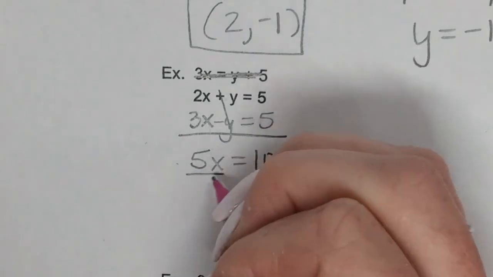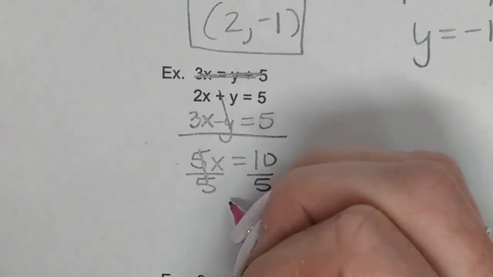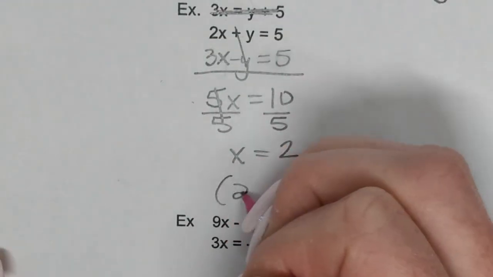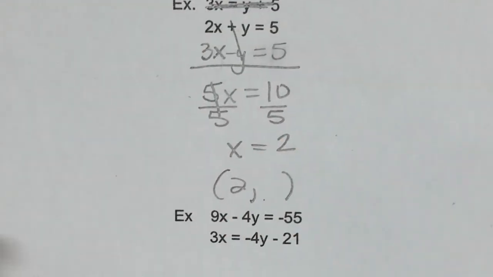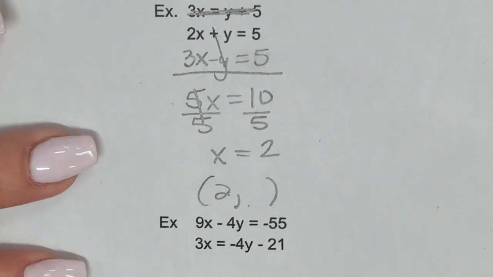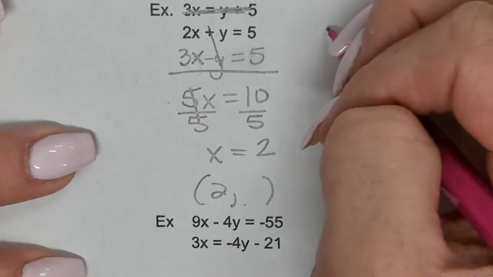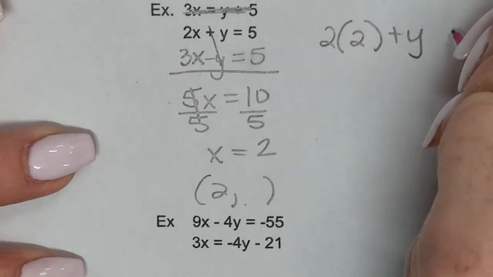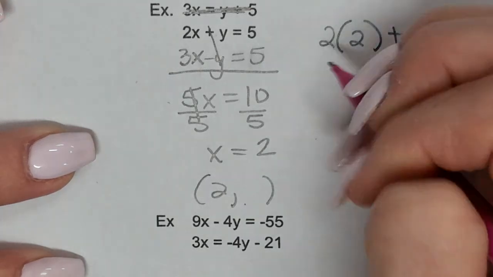Okay, divide by 5. And the value of x is? 2. So my answer is going to be 2 comma whatever we get for y. So 2 times x, which is 2, plus y equals 5.